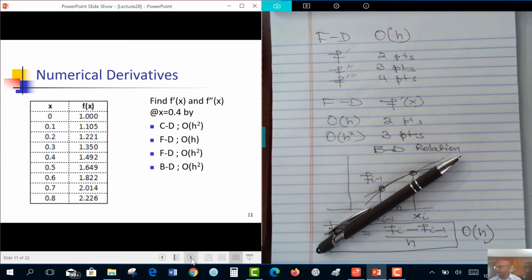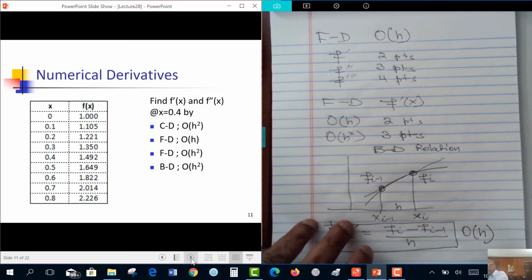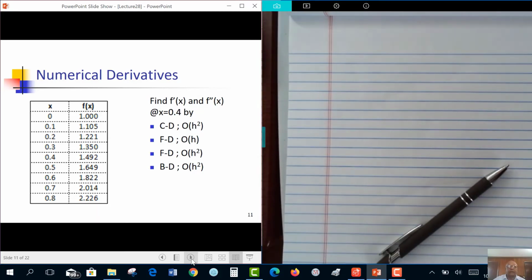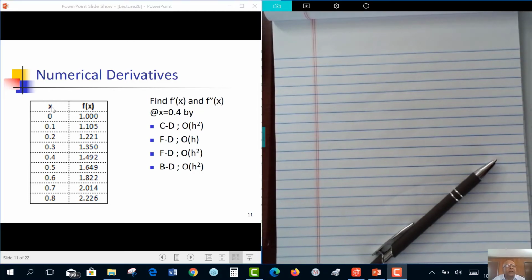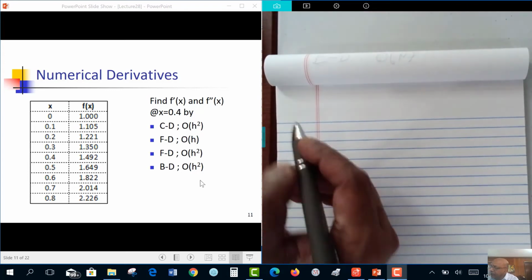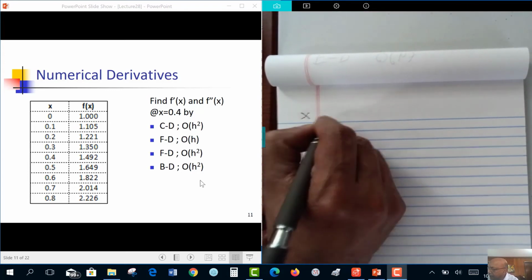Okay, so let's do an example. We are given this table of values, and what we want to do is find the first derivative and second derivative at x equal to 0.4, using all of these difference relationships with their errors. So I'm going to recreate the table here, x, f of x.